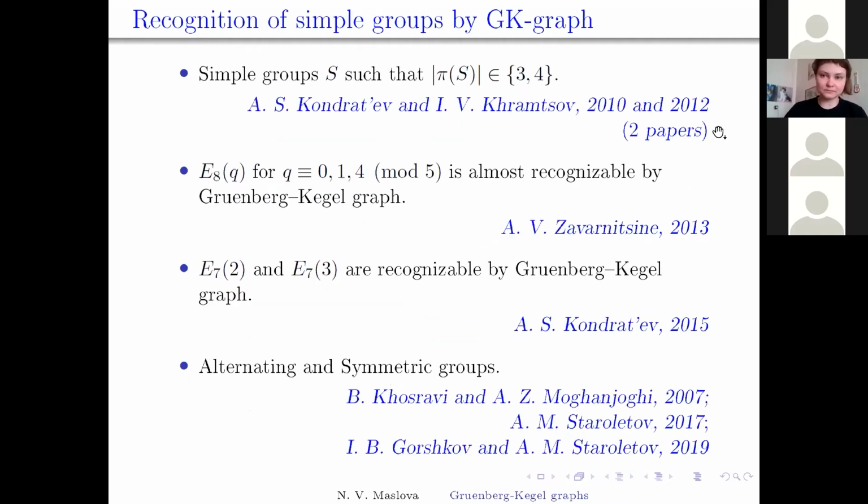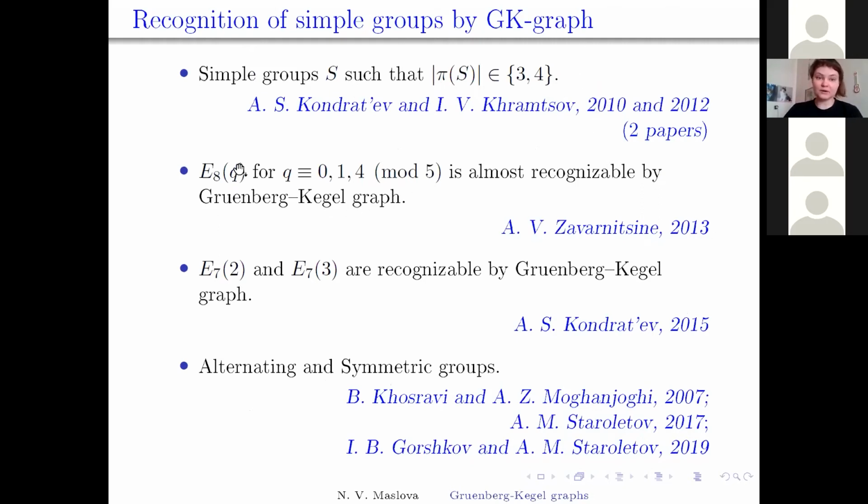And let us continue. Groups with small prime spectrum were ruled out in two papers by Anatoly Kondratyev and his past PhD student Igor Khramtsov.